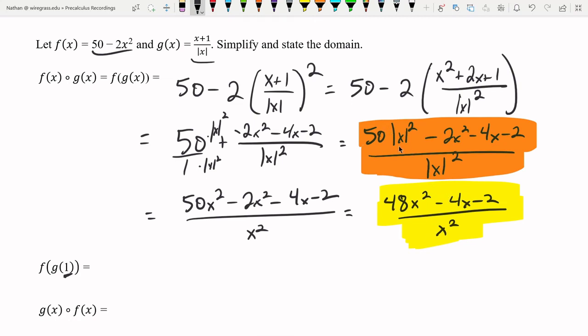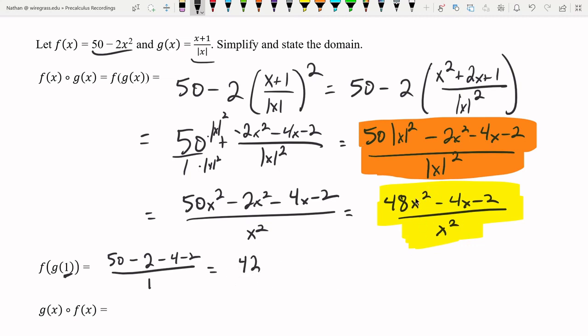Plugging 1 into the top, this would be our answer anyway. It's going to be 50 minus the 1 squared is 1, times 2 is just 2. Negative 4 times 1 is just negative 4, minus 2 over the absolute value of 1 squared, which is just 1. That's going to give us 50 minus 2 minus 4 minus 2, or 42.